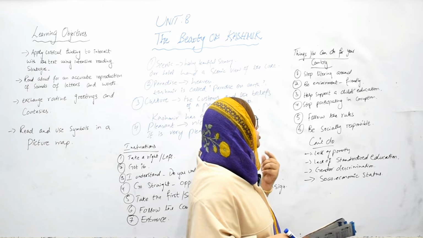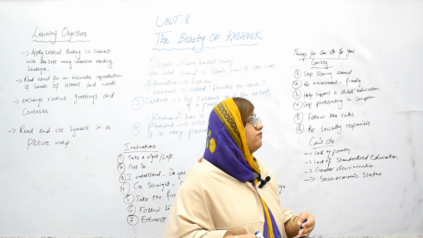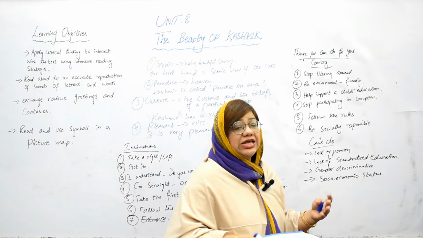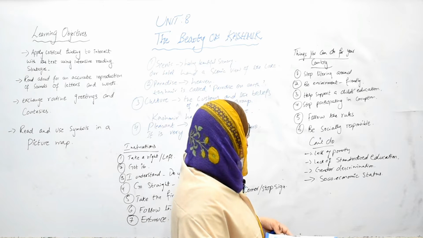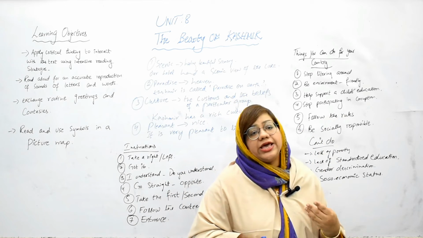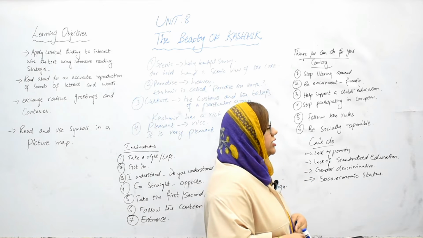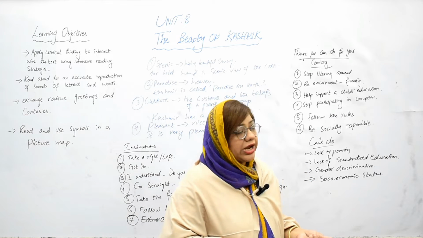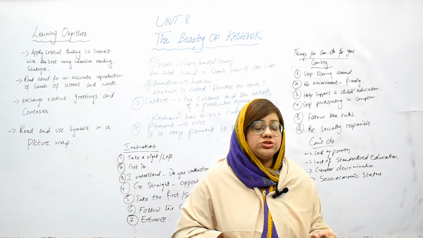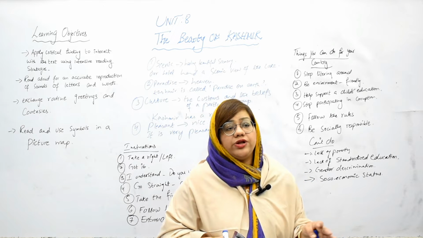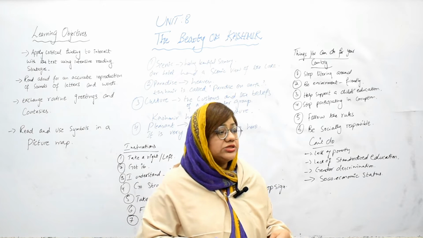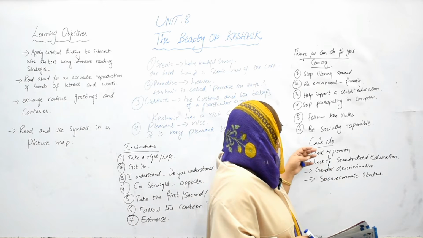So things you can do for your country, being a student: obviously stop littering around because it's a very bad habit. Be environment friendly. Be optimistic, which is a very important part. Help support a child's education. Obviously, encourage others to support a child's education. Stop participating in corruption, because many students are participating in violence nowadays, and it has a very bad impact on others.